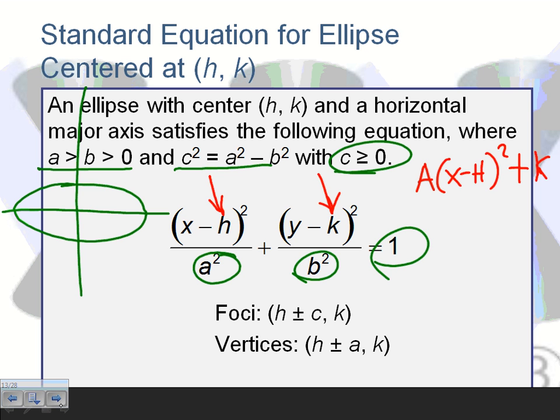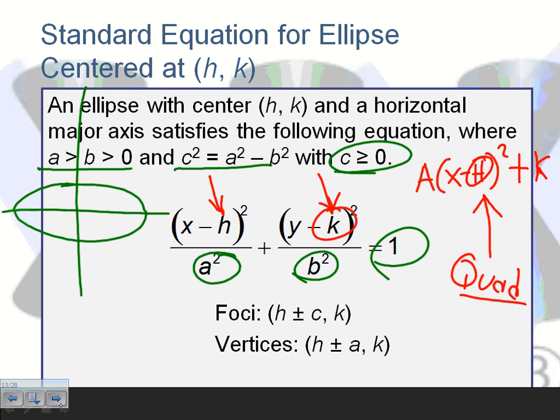This should look familiar to you, because when you dealt with quadratics, you saw the h and k do that shift for you. Now k shifted what? K shifted in the vertical direction. K again is going to shift in the vertical direction. H shifted in the horizontal direction.